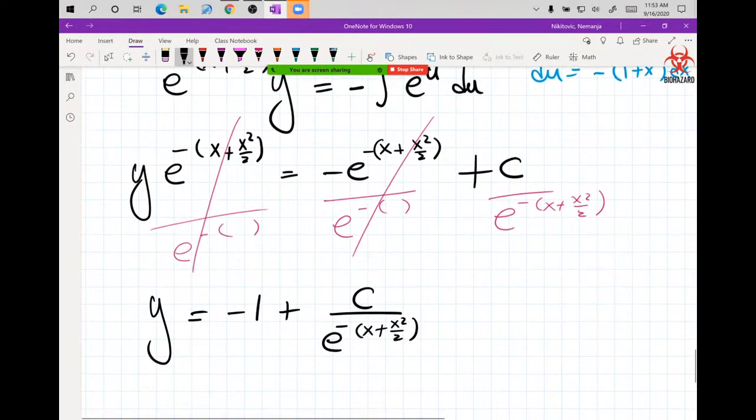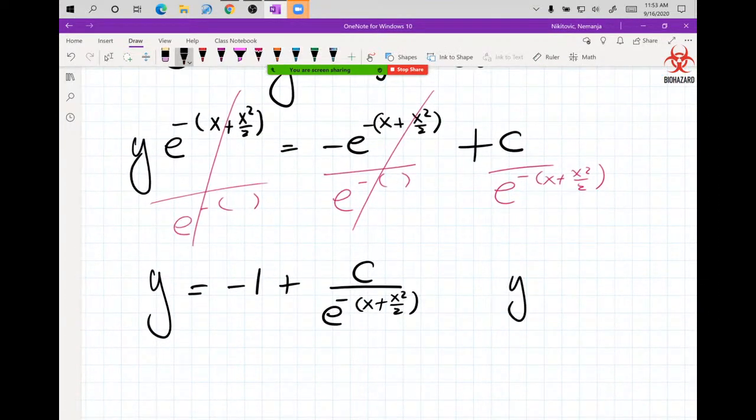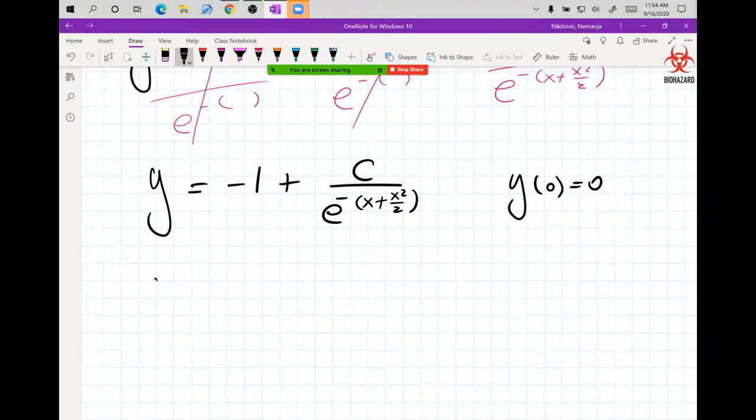And being this is problem 20, we had y of 0 equals 0. So we're going to plug that in. Oh, I should have done one more step. Give me one second.